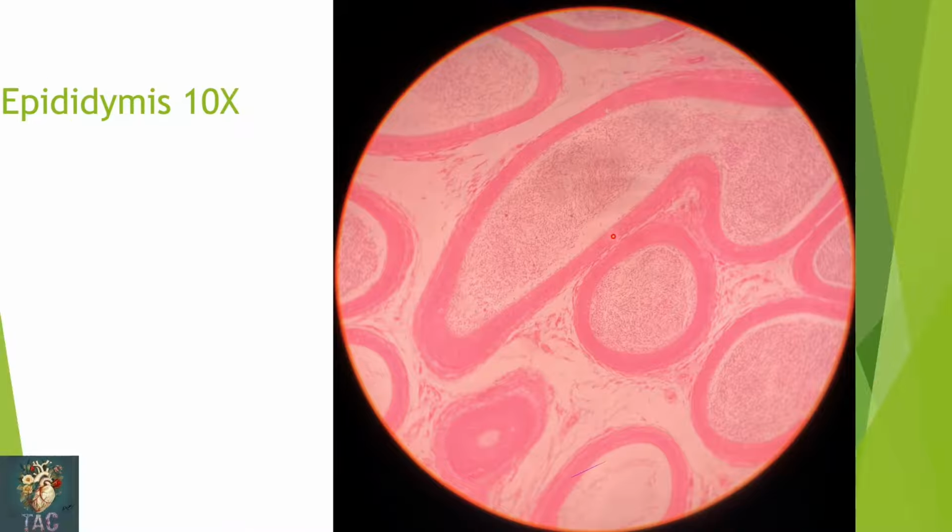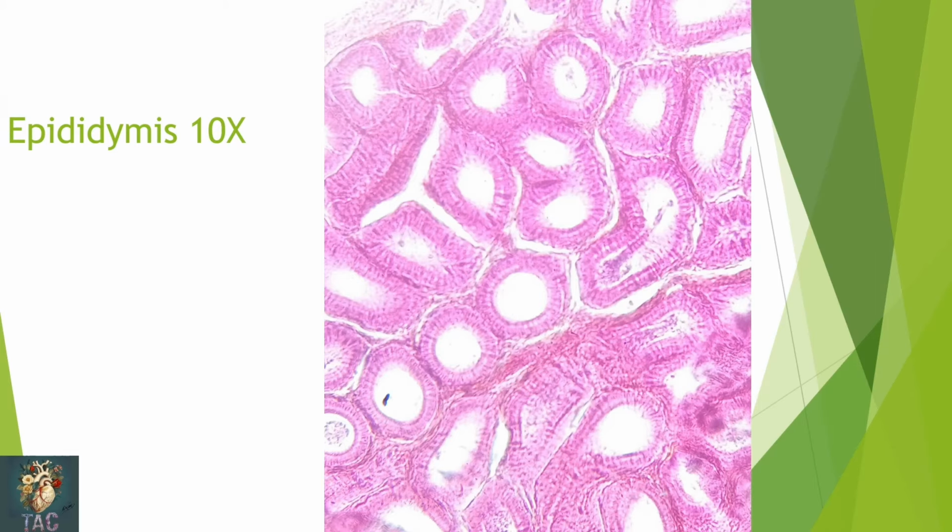At higher magnification, the same slide. Another slide with H&E stain section at higher magnification. You can appreciate the pseudostratified epithelium, the clear luminal profile, the bunch of spermatozoa which are present, and interstitial tissue which contains a large number of smooth muscle cells.